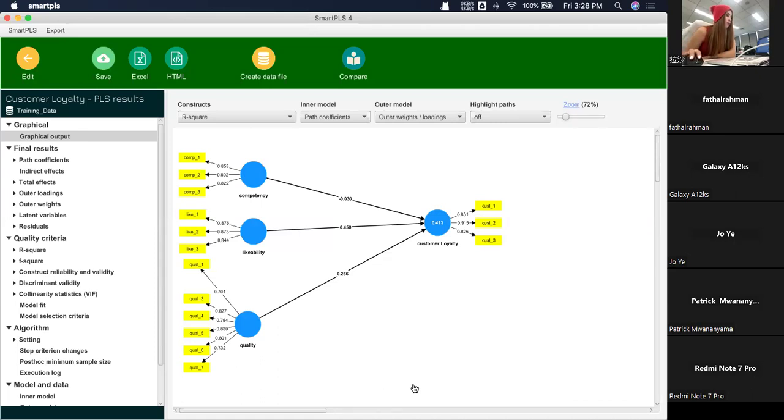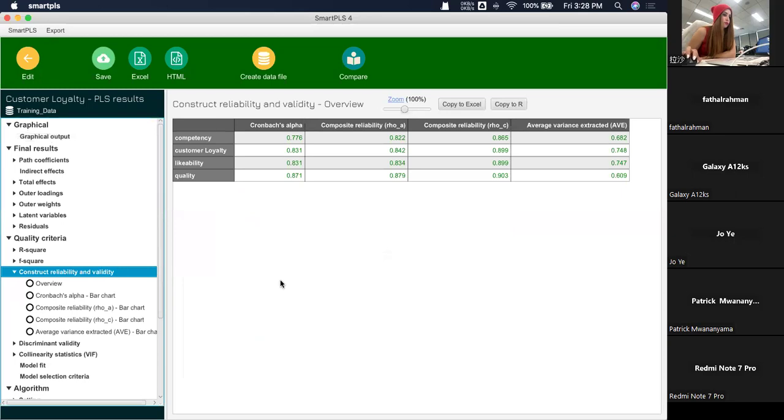After running the analysis, you have a new output. Now we are checking whether there is an increment in the AVE or the composite reliability after deleting the next indicator. So we go back to our construct reliability and check. What do you notice? The average variance extracted has increased, right?